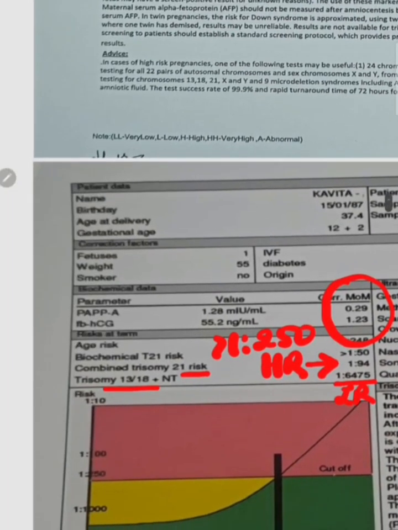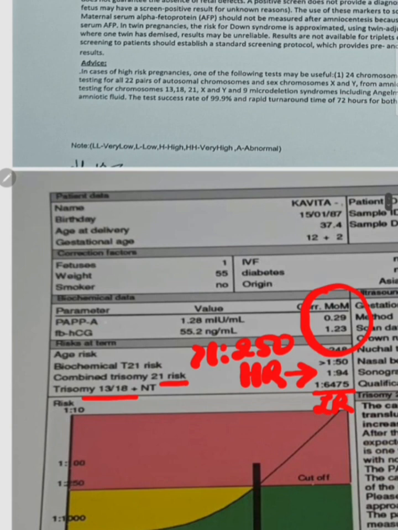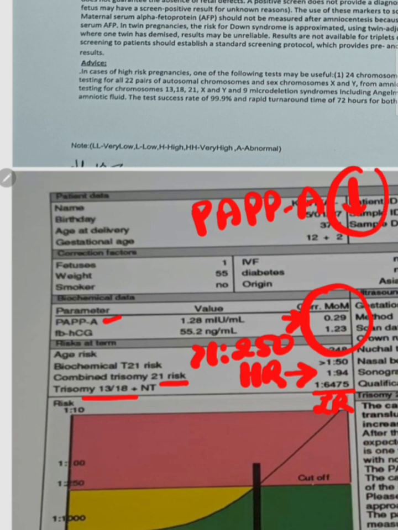Now, look at this report nicely. The PAPP-A value is how much? 0.29. So PAPP-A is low for this mother, because it is less than 0.4 MoM. Free beta HCG is 1.23 MoM, which is normal.